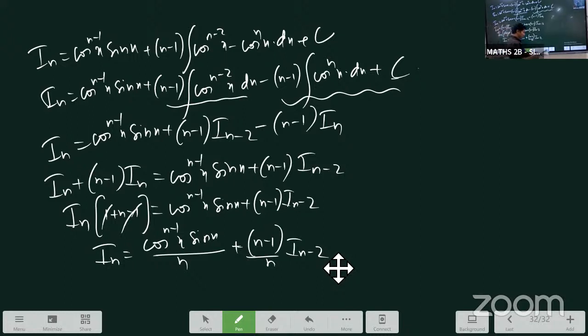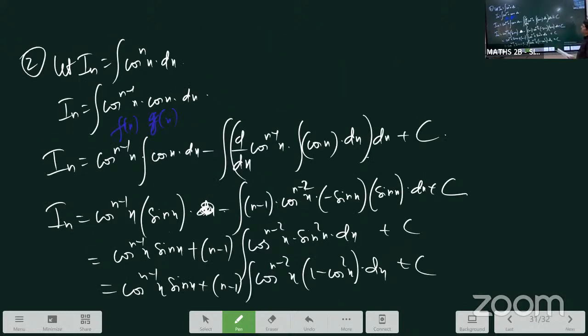Now what is it asking? Cos power n. Suppose it is asking cos power 5. Suppose integration of... in the next board I will do. So cos power n minus 1 cos x, you can have a look.